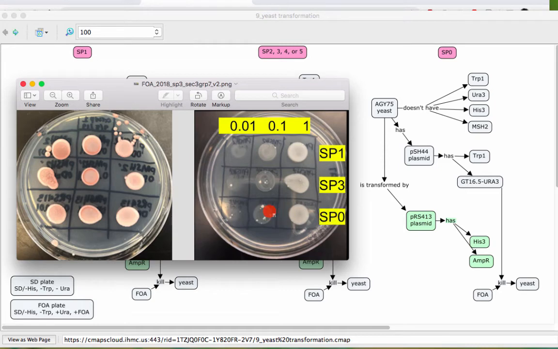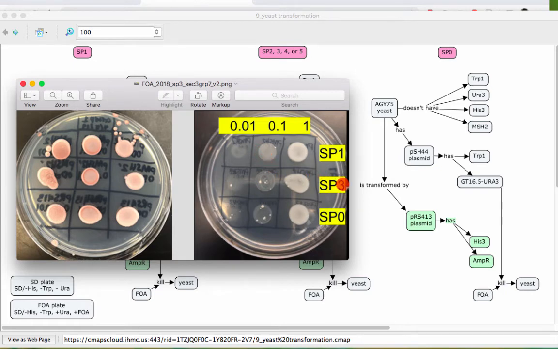SP0 is over here, so we can see that this spot right here has a couple of colonies, and those colonies are the result of mutation in the URA3 gene that allow the yeast to grow in the presence of FOA. And if we look at SP1, here there is very little growth as expected.